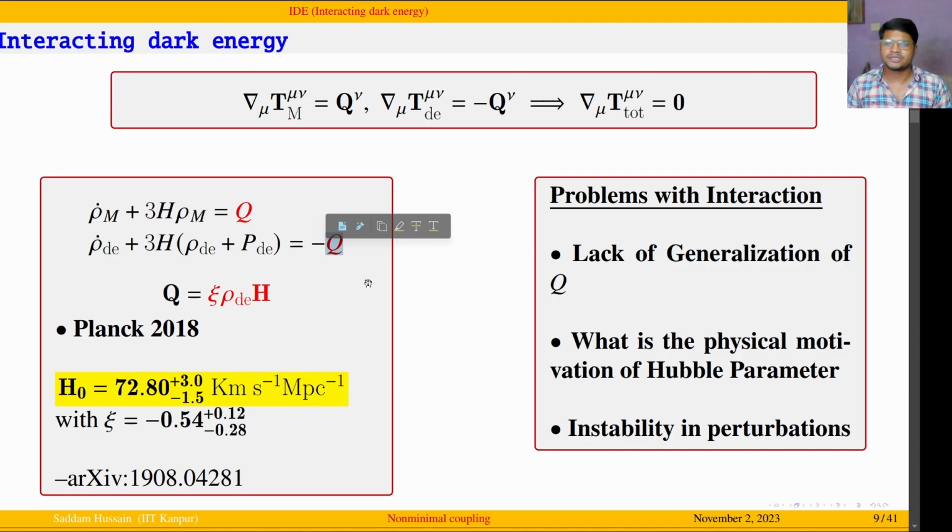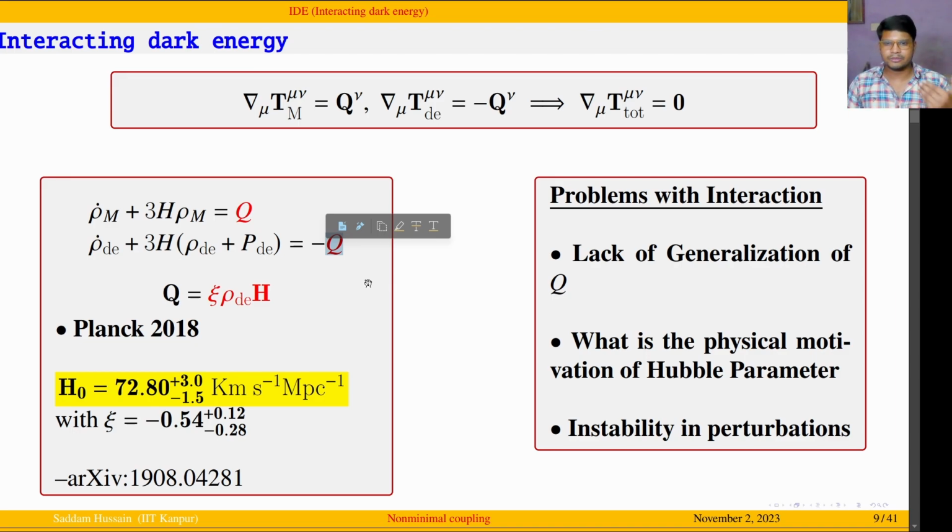Now, Valentino et al. and their collaboration, around 2020, chose a model where Chi is some kind of constant, and Q is proportional to the dark energy density and the Hubble parameter. They analyzed this model with the Planck data, and they found that they increased the value of H0, which was not possible in the lambda CDM model. H0 came out to be 72.80, which is approximately a 1.4 sigma level.